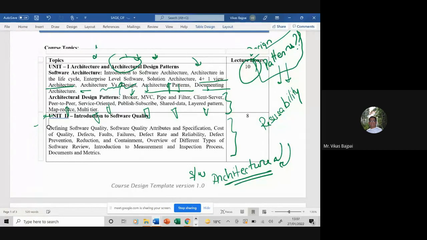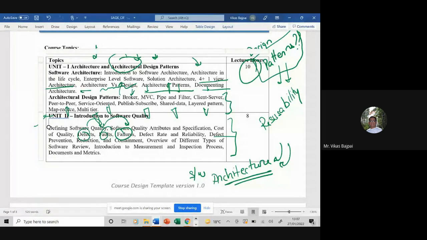Then we'll talk about quality. Here we are dealing with software quality. We'll talk about what software quality is, what the software quality attributes are, what the specifications are, and whether we have to pay some cost for this quality, and what defects, faults, and failures are. We'll see that defects lead to faults, and faults lead to failures. Then what your defect rate is, what reliability is.